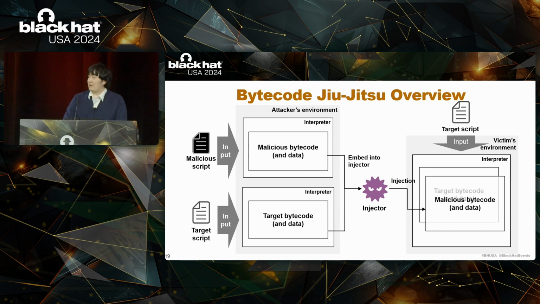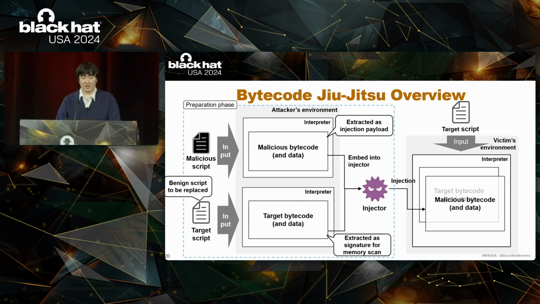This is the overview of Bytecode Jiu-Jitsu. There are two phases, the preparation phase and the attack phase. In the preparation phase, on the left side in this figure, attackers first prepare a malicious script and a target script. The malicious script will be injected into an interpreter process. The target script is a benign script, which will be replaced with the malicious one by injection.